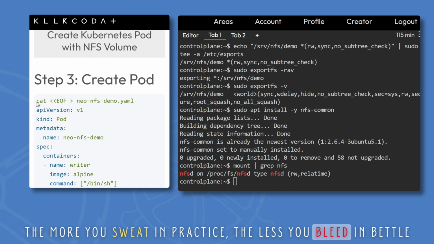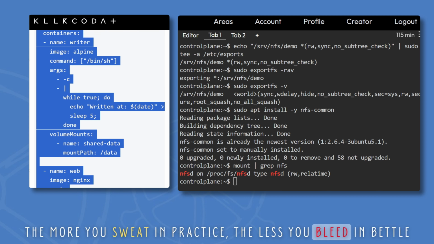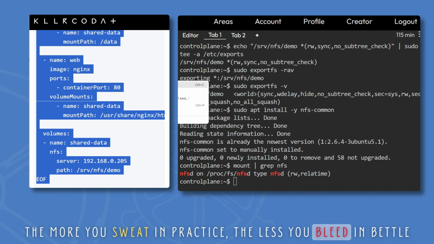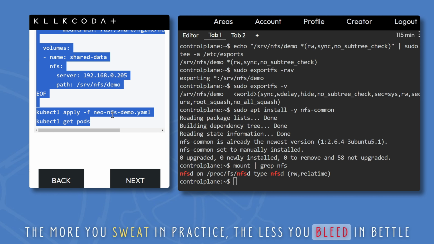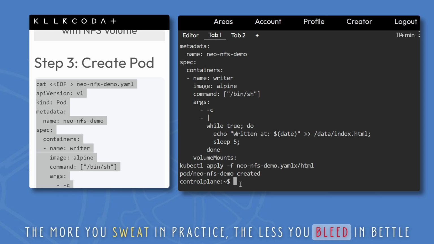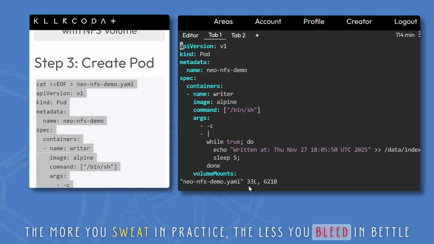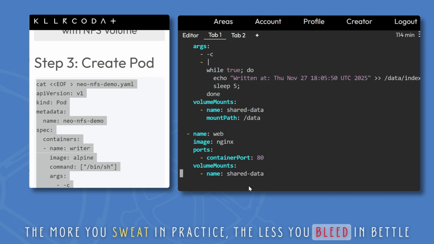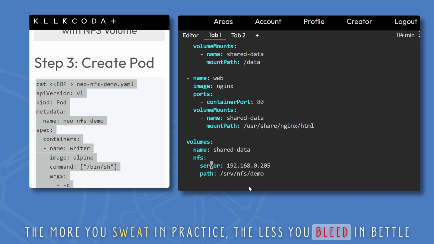This command makes a YAML file, and then we need to, sorry, here is a small mistake: the server needs to change. I already applied it, so no worries. Okay, delete. Here I need to change the server, because we created that directory on the control plane node. 172.30.1.2 is our server.